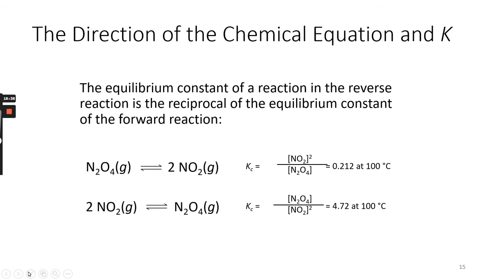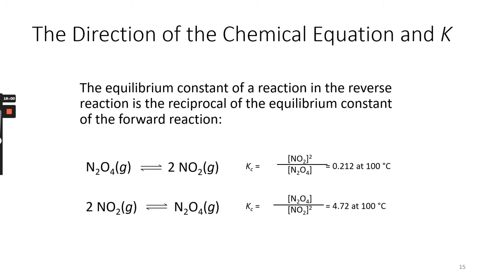The direction of your chemical equation will affect the value of your K. So the equilibrium constant of the reverse reaction is the reciprocal of the equilibrium constant of the forward reaction. So here we have the forward reaction and we have Kc. Notice the reverse reaction.